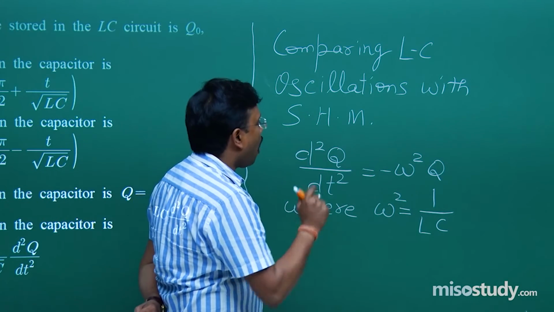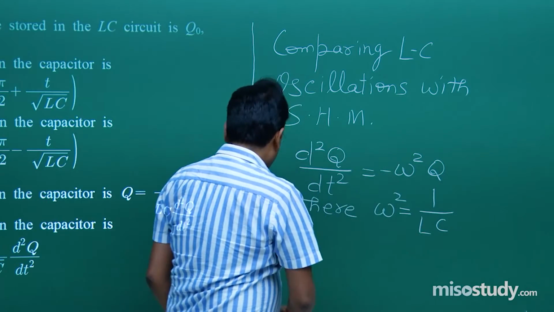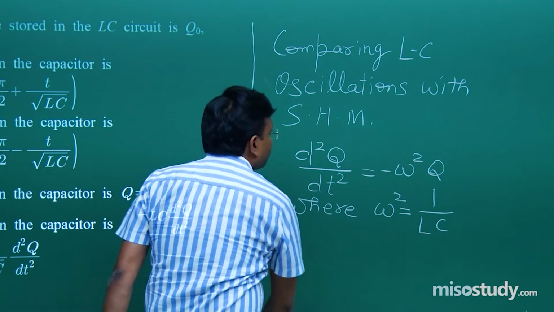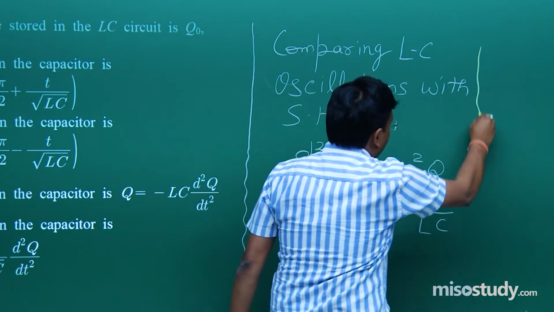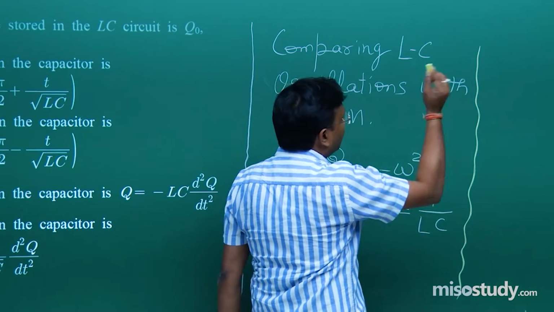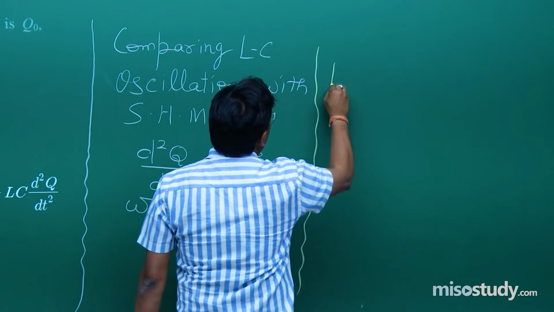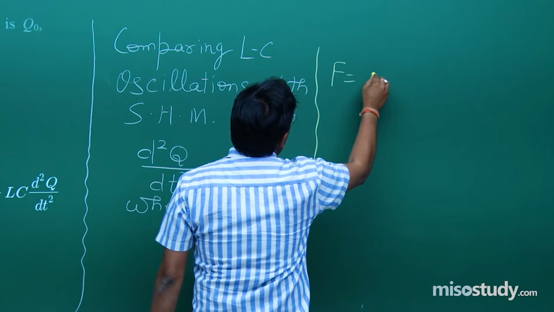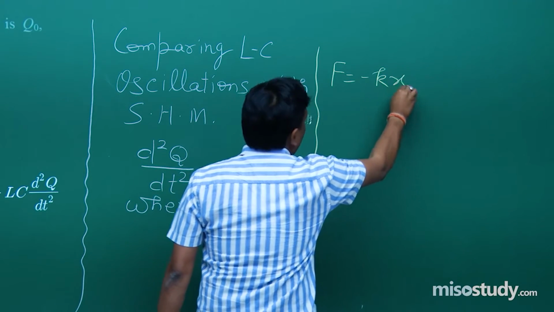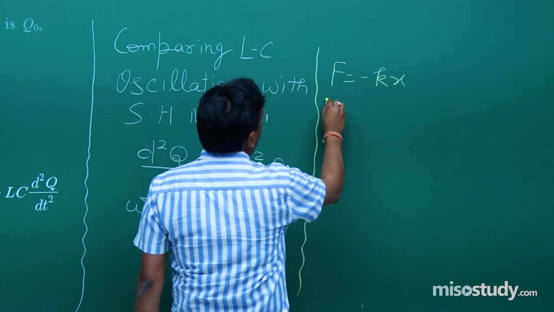Okay, so for all of you, I think I should use this space just to correlate. Try to recall the situation. F is equal to minus kx, class 11th.